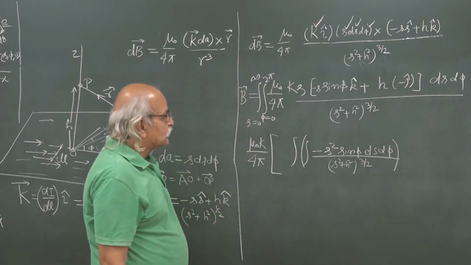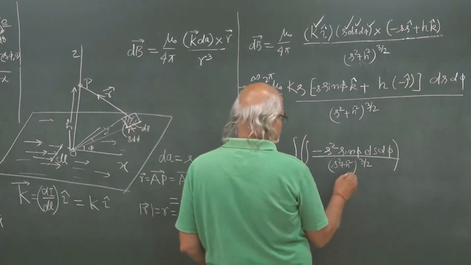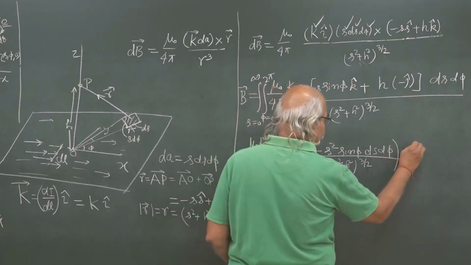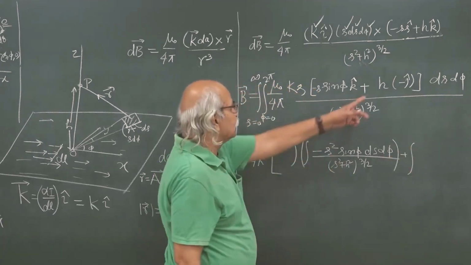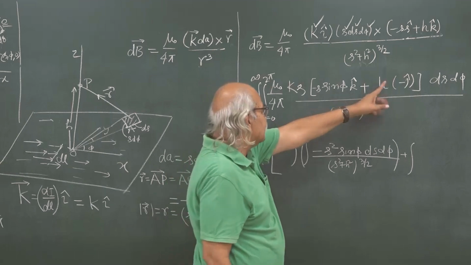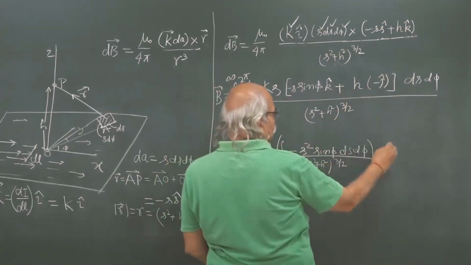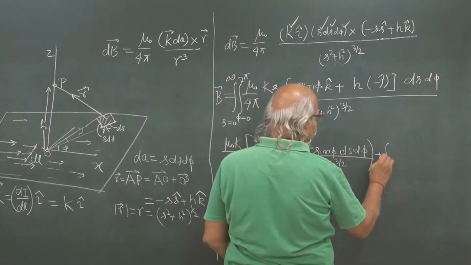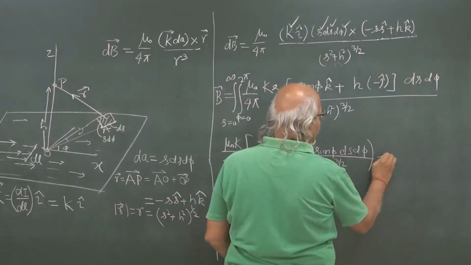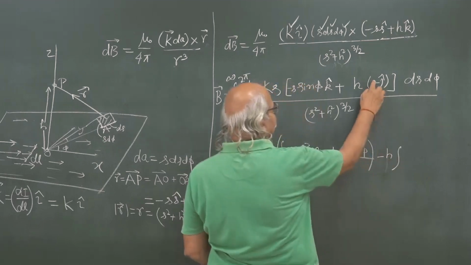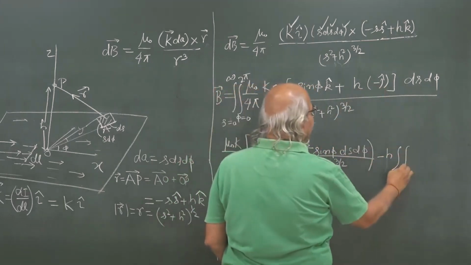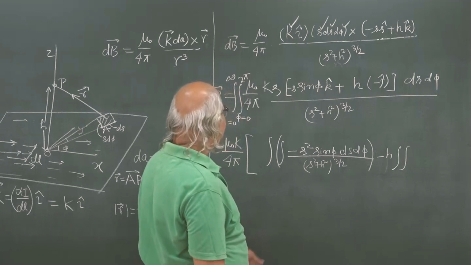And then plus another integration, and this time it is this one. This h in fact you can take out, but nevertheless. So, this is minus h here, and then double integration of what?